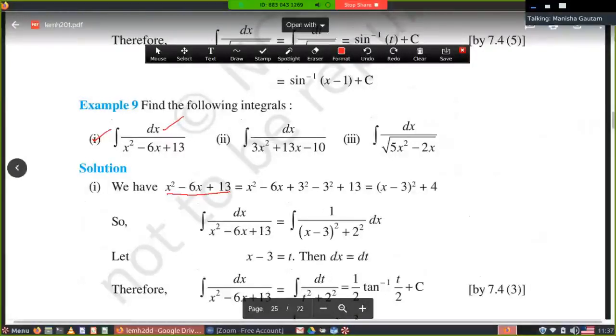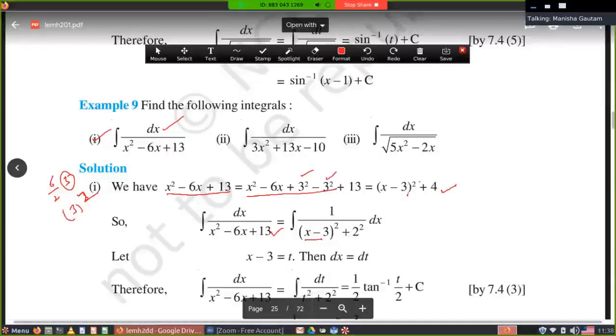Coefficient of x is 6 and its half is 3, and square the 3, add the 3 square and subtract the 3 square. It becomes x minus 3 square plus 4. Now you can write this quadratic as x minus 3 square plus 2 square.